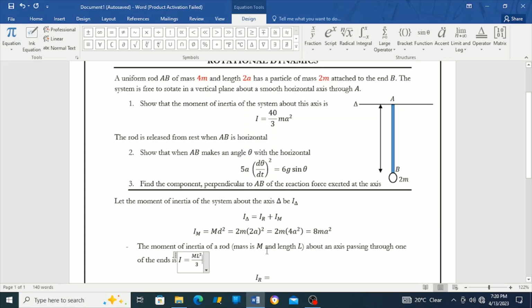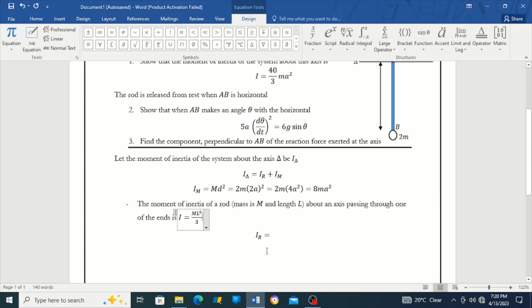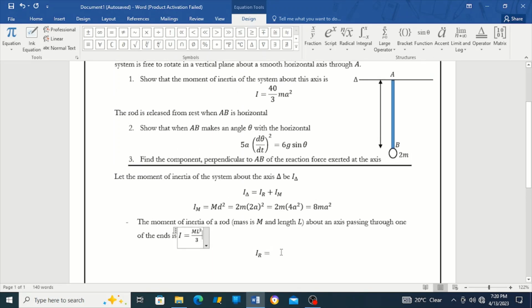It's a standard result that we always use, and you can get it from the formula booklet, as well as prove it by integration. But here we are not asked to prove it by integration, so we just use the standard result.